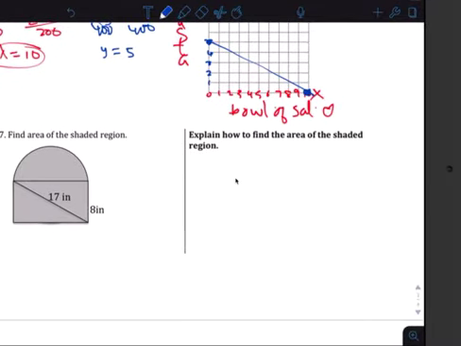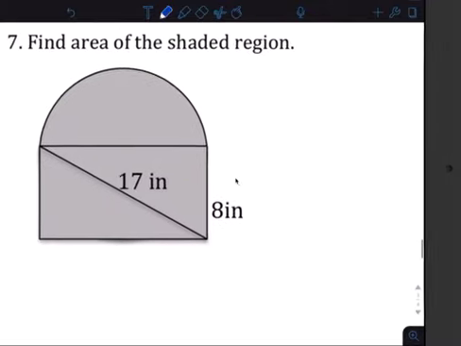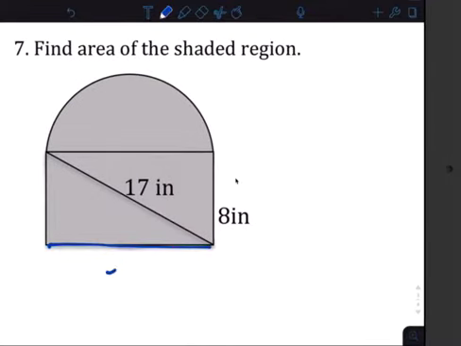That's your graph. Okay, here, find the area of the shaded region. Well, notice the length is missing. So you need to do the Pythagorean theorem. This is 8, same as the other length.